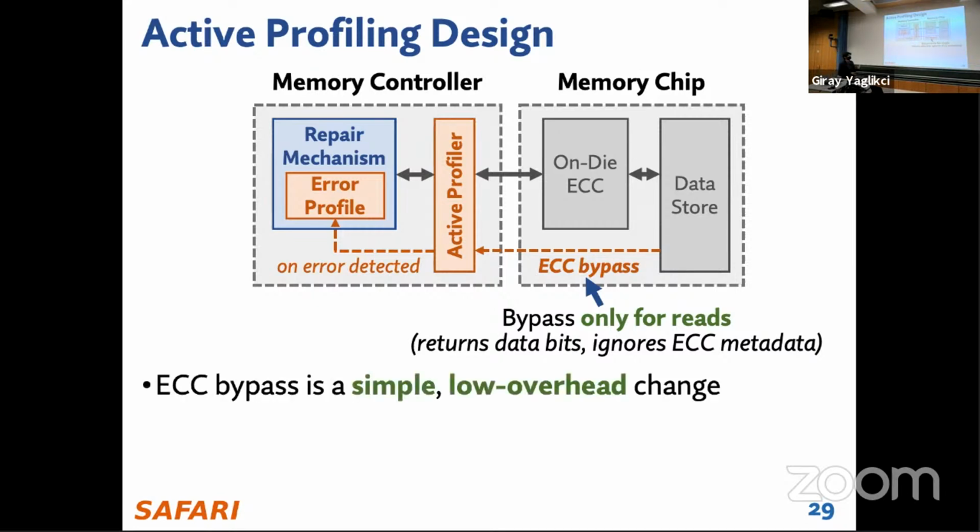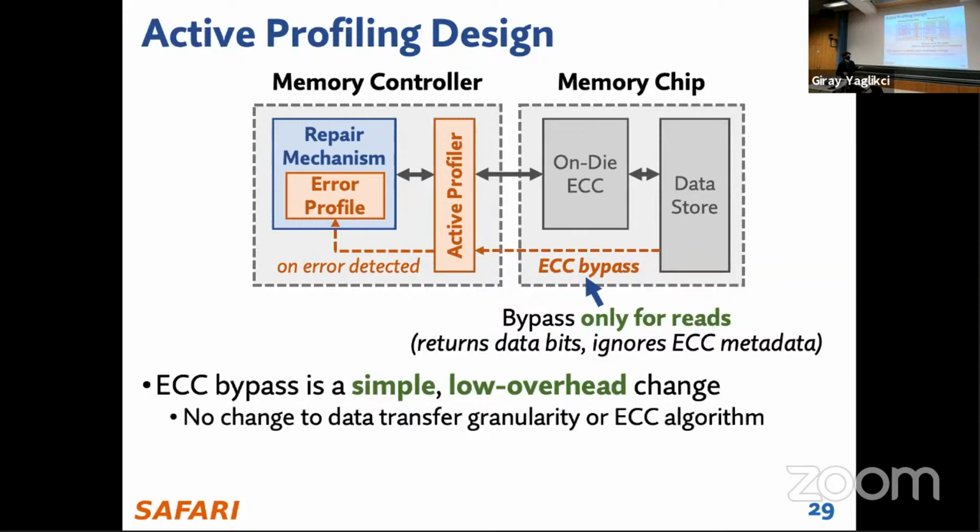For this reason, the ECC bypass is a very simple, low overhead change to the device, because it doesn't require any data transformation or changes to the granularity of data or anything like that. It's just returning the data without performing the correction operation. You can think of it as just skipping the correction operation. We just bypass the decoder.